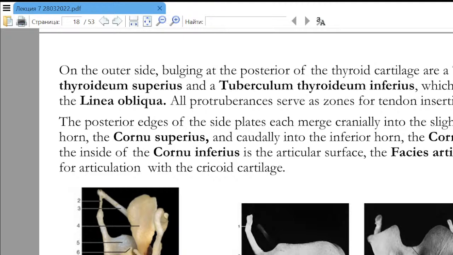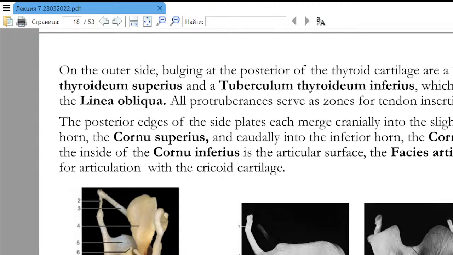The posterior edge of each side plate extends cranially into a slightly longer superior horn, cornu superius, and caudally into the inferior horn, cornu inferius.